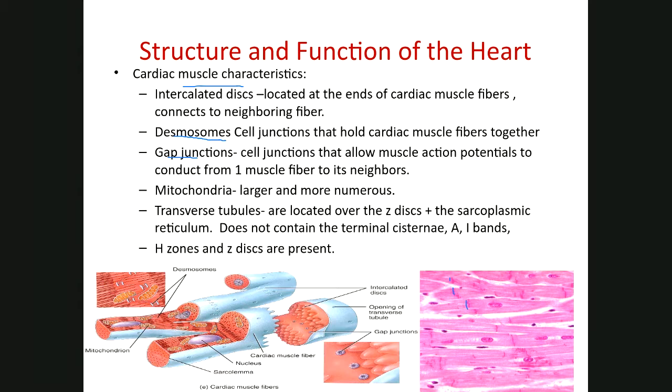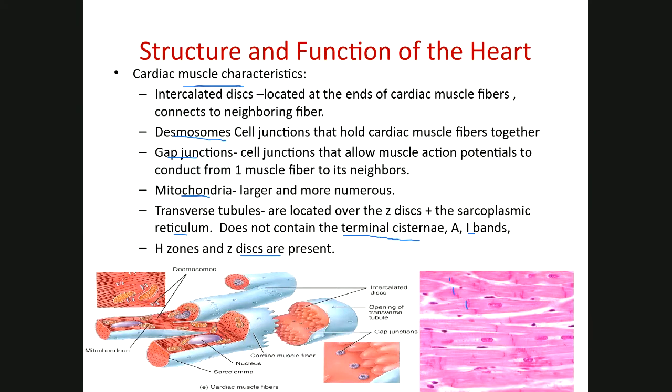There are many mitochondria within the cardiac muscle cell. It does have the transverse tubules over the Z discs, and they have sarcoplasmic reticulum, but they do not have terminal cisternae. A bands, I bands, H zones, and Z discs are present when we look at a cardiocyte.